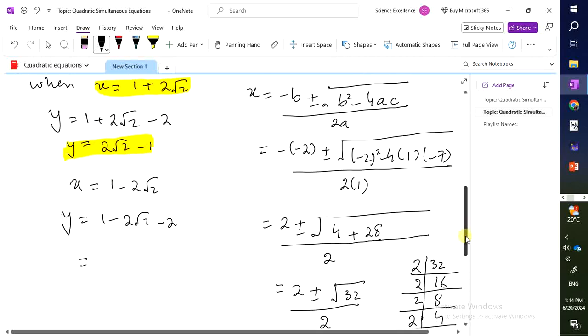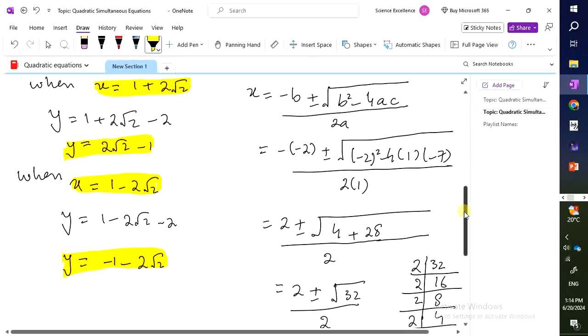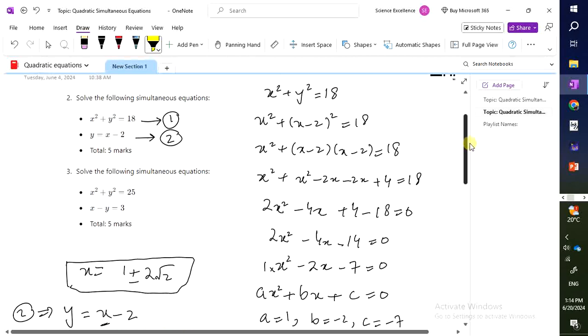So again 1 minus 2 will be minus 1, so minus 1 minus 2 root 2, this is the second value of y. So when x is this, y is that one. So when x is 1 minus 2 root 2, y is this one. So these are the solutions of the simultaneous equations. One is quadratic and the other is linear.